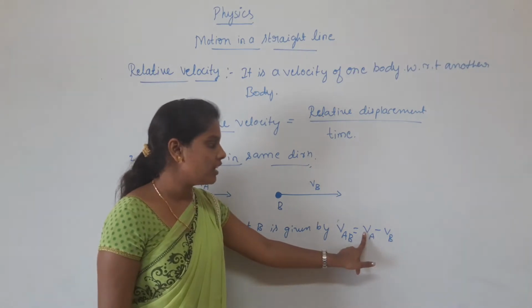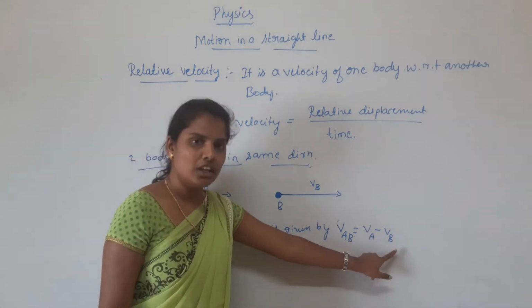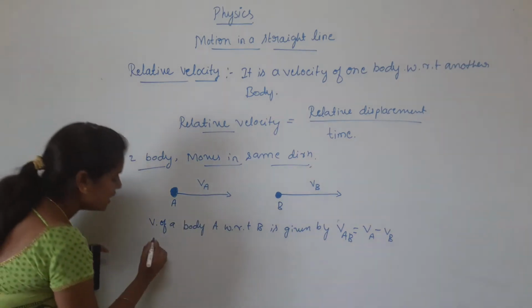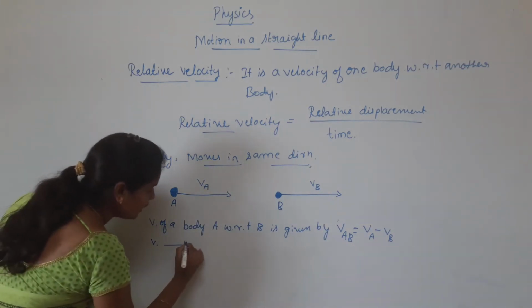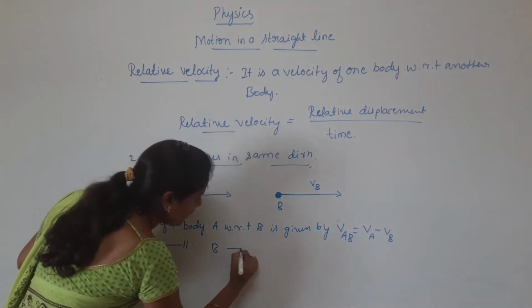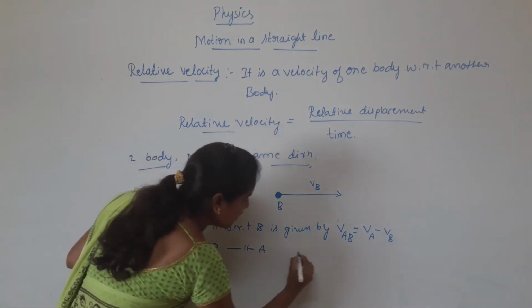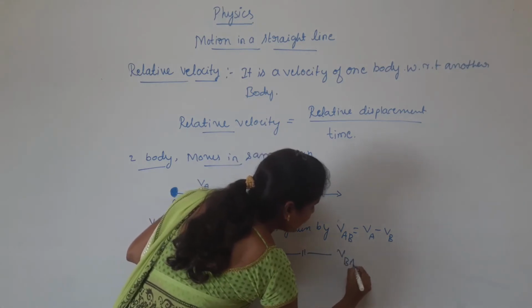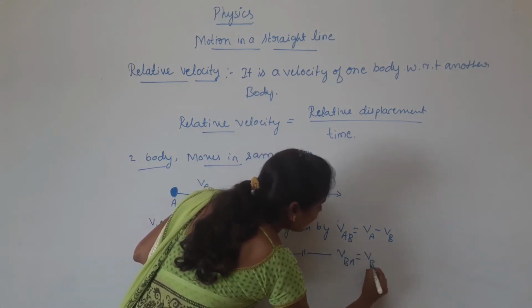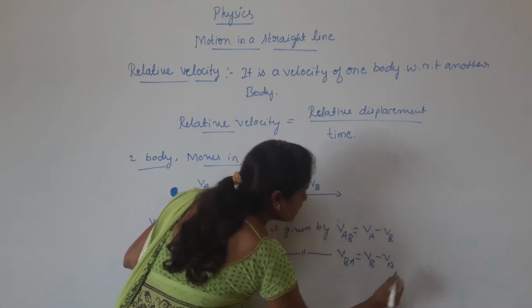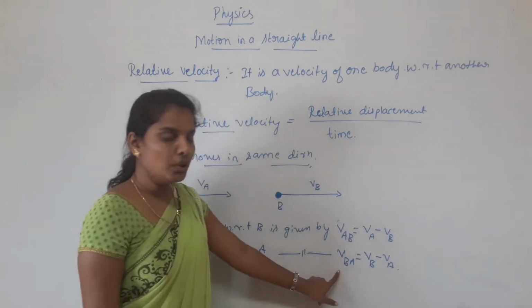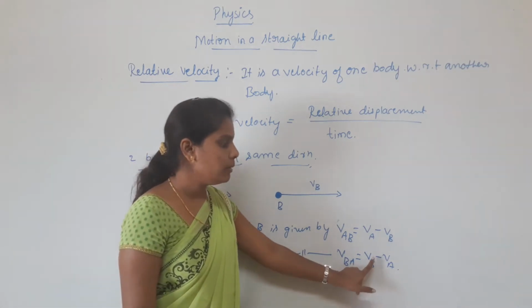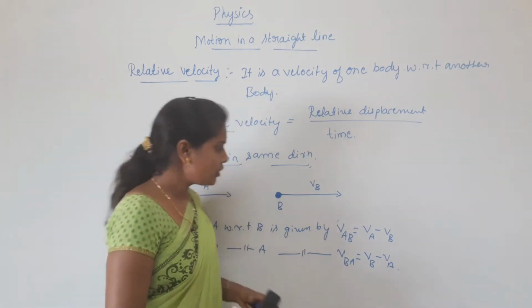VA means the velocity of A minus the velocity of body B. Similarly, the velocity of body B with respect to A is given by VBA equals VB minus VA.